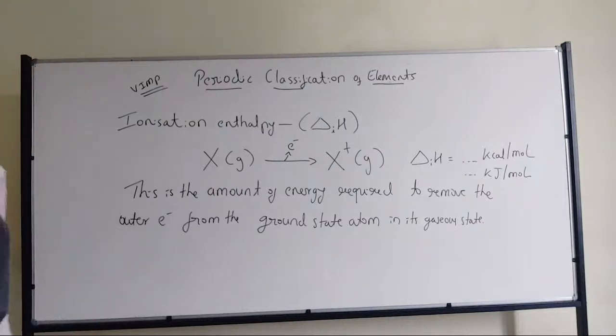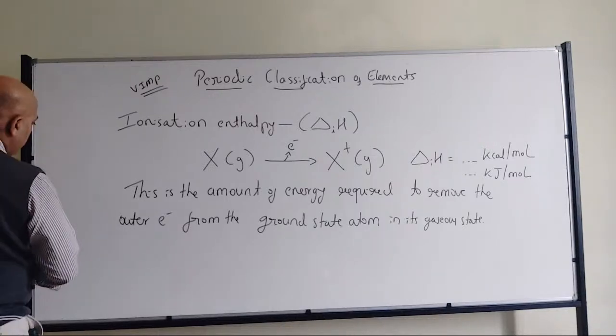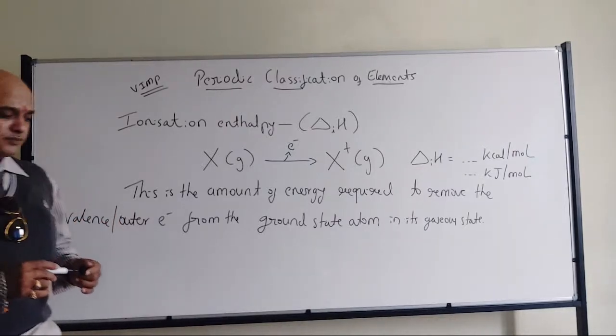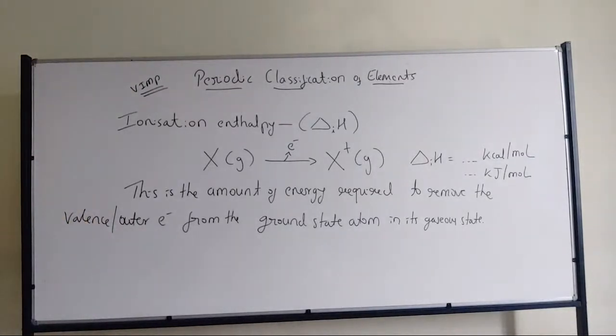What is the unit? The unit is kilocalories per mole or kilojoules per mole. What is the definition? It is the amount of energy required to remove the outer electrons, or you can simply say valence electrons, from the ground state atom in its gaseous state. All of you have understood?